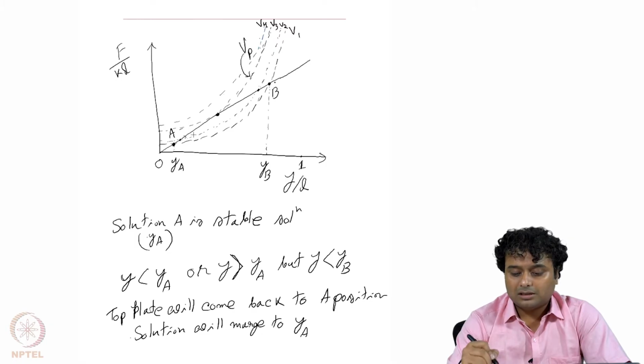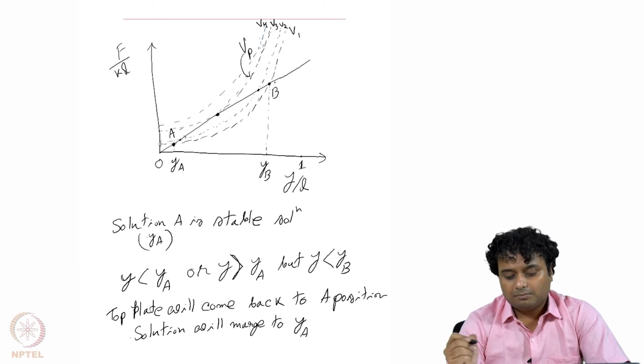So if I draw the resultant graph, it will be something like that. The resultant force will be the electrostatic minus the mechanical force. It will be initially positive while y equals 0, then it will slowly decrease and cross over 0, and go towards negative, because at this point the mechanical force is higher.